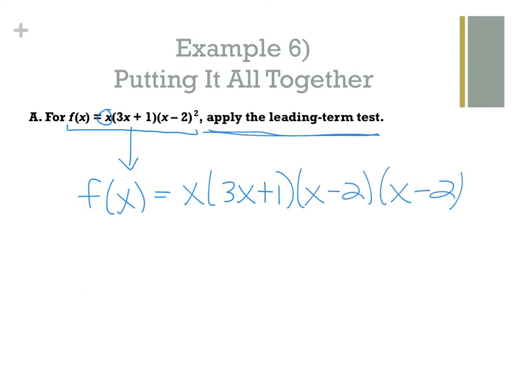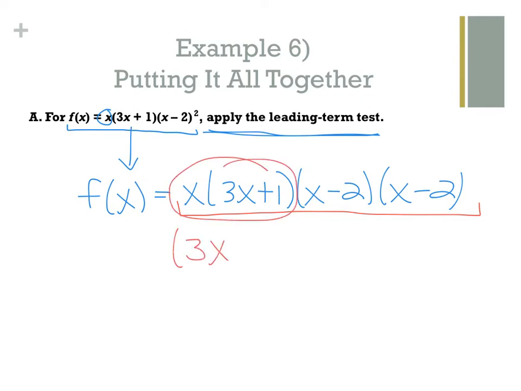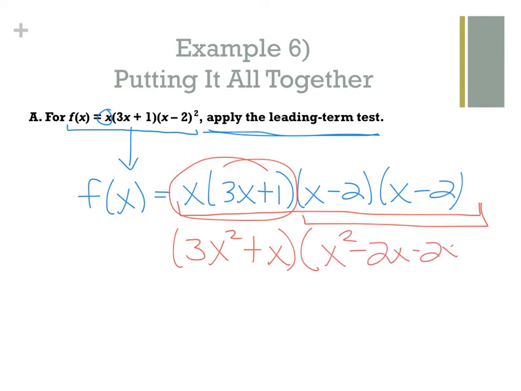Now, I could multiply this entire polynomial out. First, I could multiply x times 3x plus 1, which gives me 3x squared plus x. And I could multiply x minus 2 times x minus 2, which gives me x squared minus 4x plus 4.